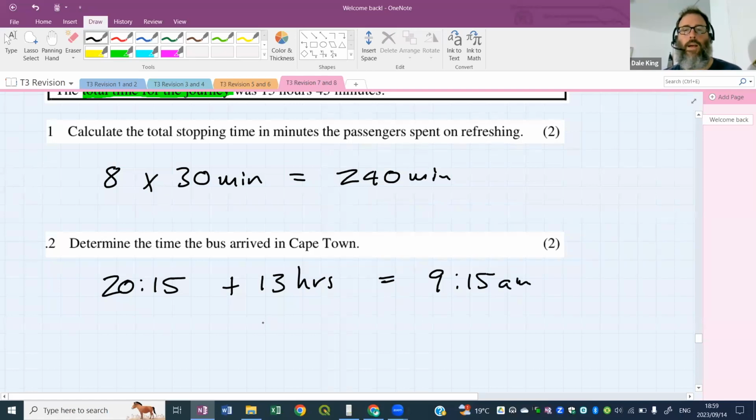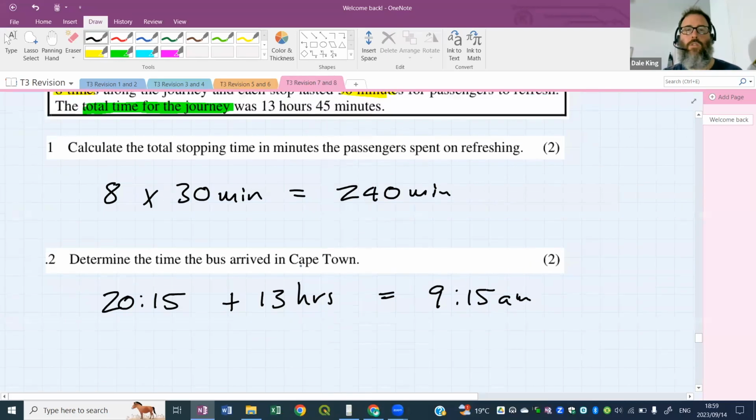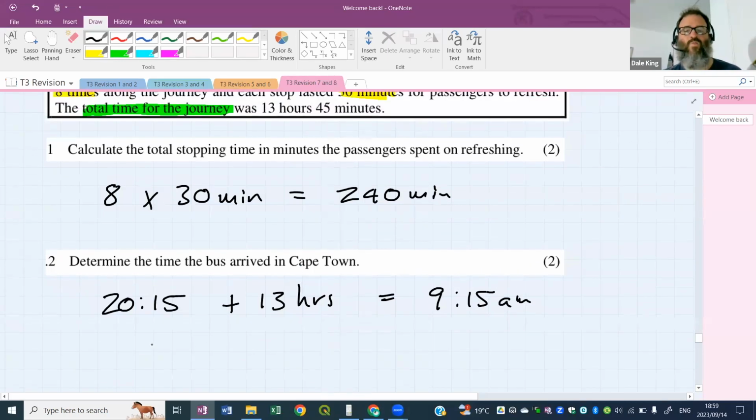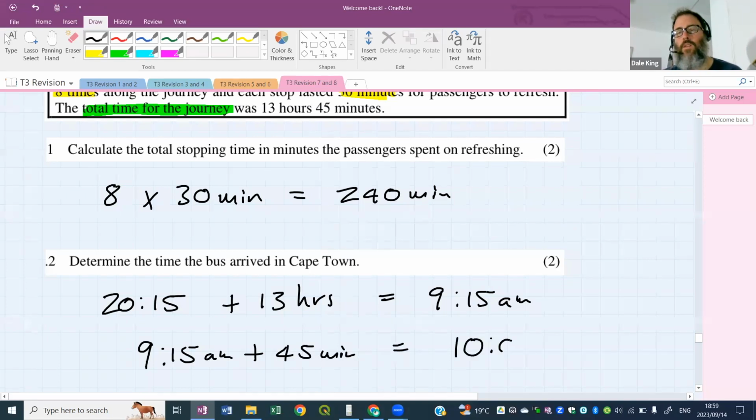But we still have to add on the 45 minutes because it was 13 hours and 45 minutes. So 9:15 plus another 45 minutes takes us to 10 o'clock in the morning. All right, for 2 marks, I think that's all they're wanting.